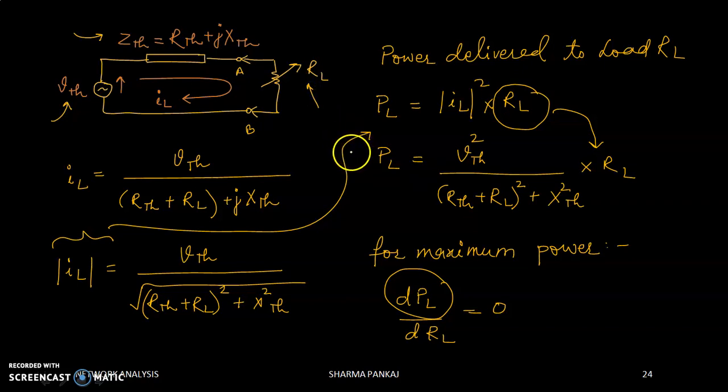You can vary the value of RL, and as the load varies, IL will vary. So the variable is RL. For getting the maximum value of anything, the condition is constant upon variable, that is, dPL upon dRL must be equal to 0. This is the condition for maximum power.